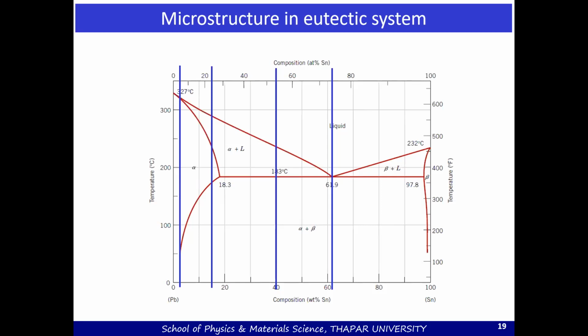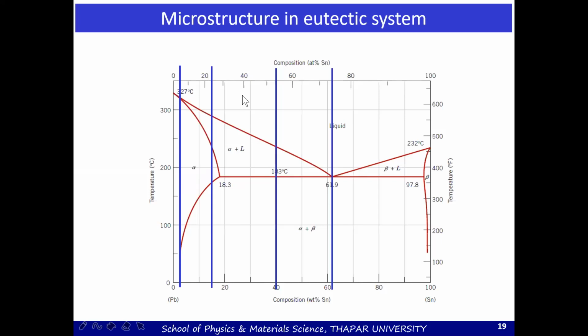So we consider the same eutectic phase diagram of lead and tin, and we will discuss the evolution of microstructure at 4 different points on this phase diagram. The points of interest are marked with 4 different blue lines. We will discuss the evolution of microstructure one at a time along these 4 lines.